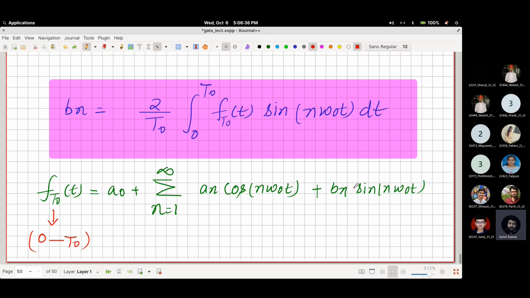But the signals on the right side, cos omega naught t or the constant 1, they are from minus infinity to infinity, isn't it? cos n omega naught t. If I ask you what is the domain of cos theta or cos t, what will you say? The domain is minus infinity to infinity, right? Isn't it? Yes. So we have a left-hand signal, which is basically confined to 0 to t naught, a finite duration signal.